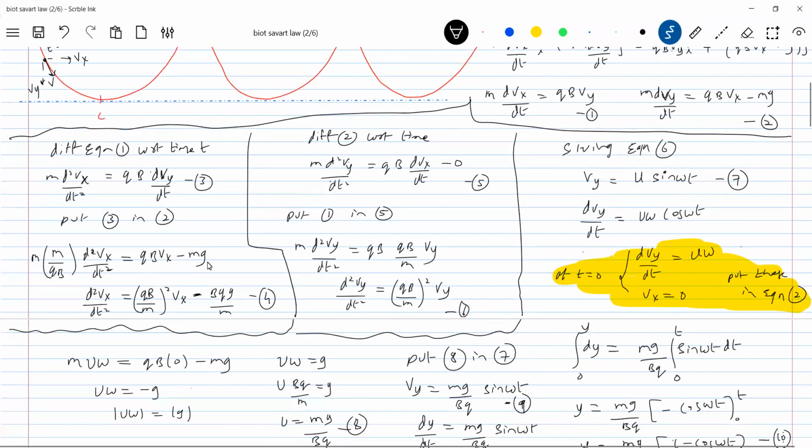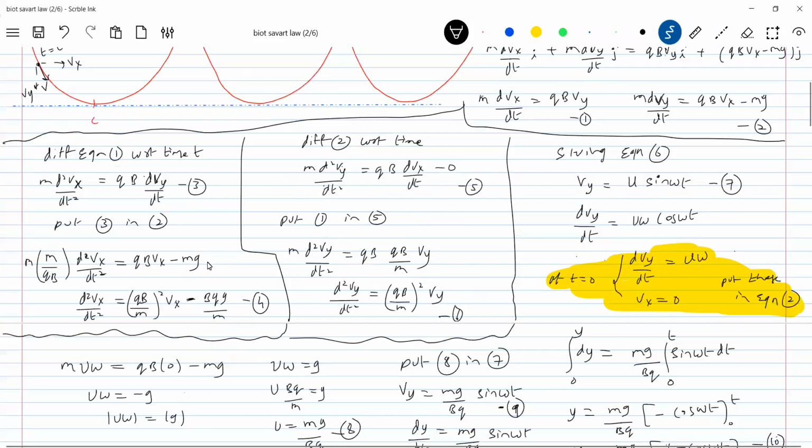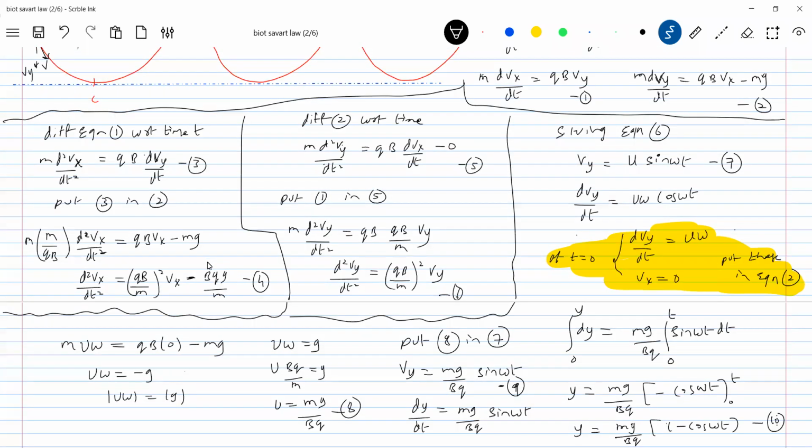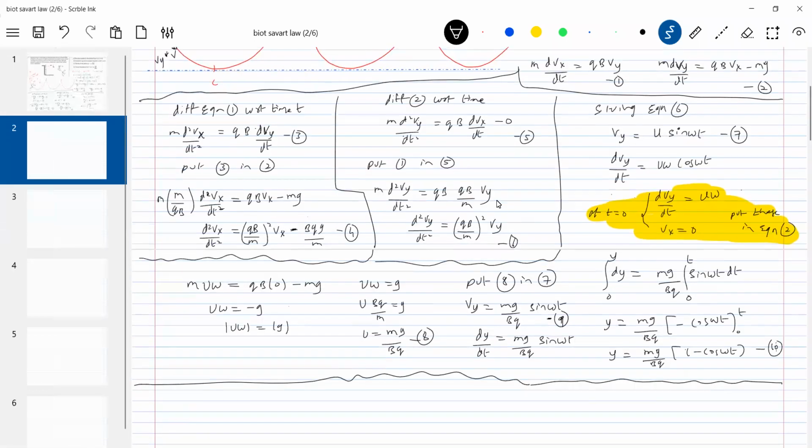Now put 9 in 1. I'm showing 9 in 1. What is 1? M dvx by dt. Substitute the value of Vy there. Solve for it. You'll get the expression for x. So m dvx by dt equal to qB Vy, Vy equal to mg by bq sine omega t.